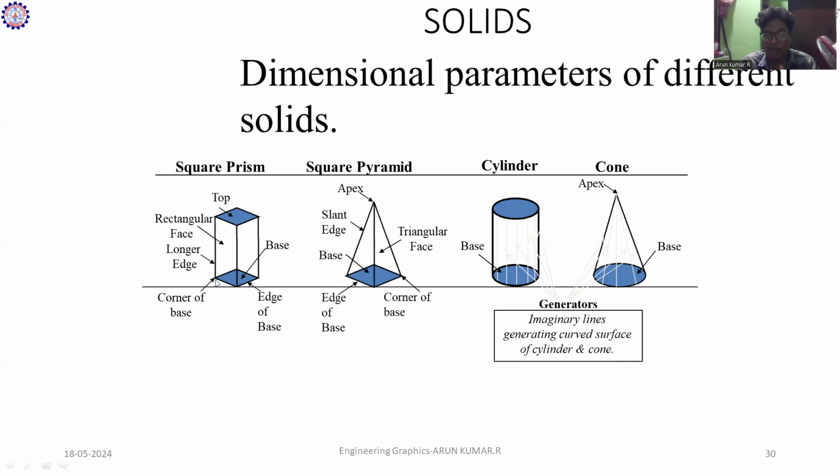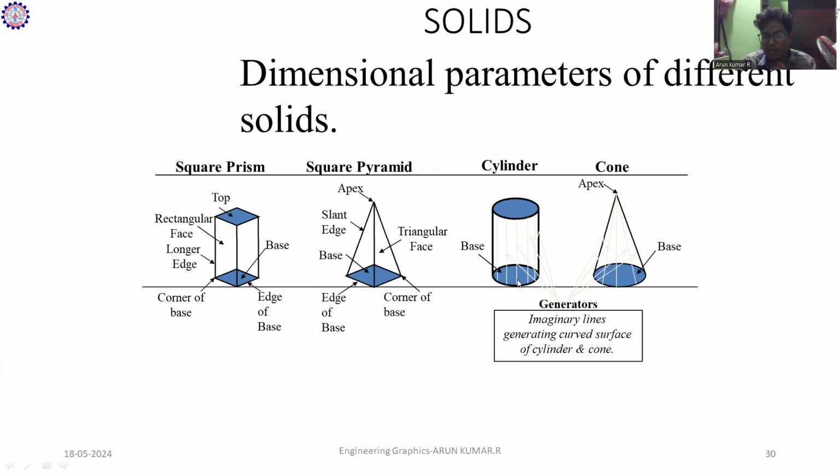From this class you have to understand what the base and top are. You generate imaginary lines, shown here like white lines, not visible in the figure. You construct the circle and divide it into 8, 4 or 12 equal parts. All the corners get joined, and these lines are called generators.